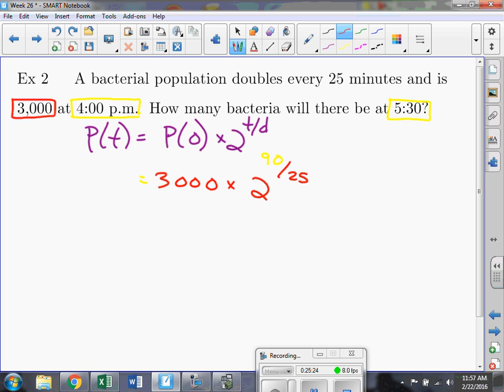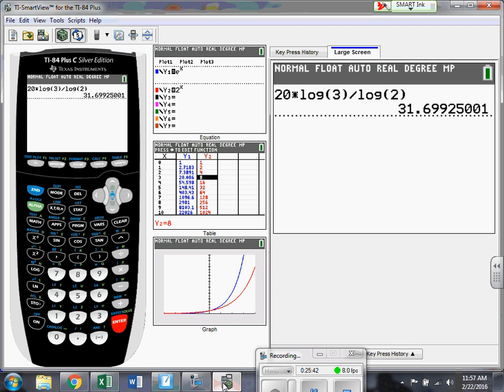And so the population, 90 minutes after starting, that's what we want. 3,000 times 2 to the 90 over 25. Let's get our calculators out again and crunch the numbers. 3,000 multiplied by 2 to the 90 over 25.